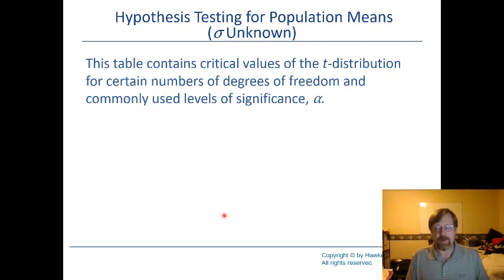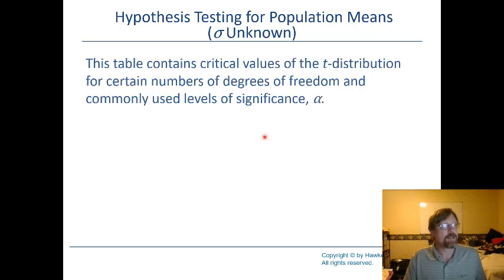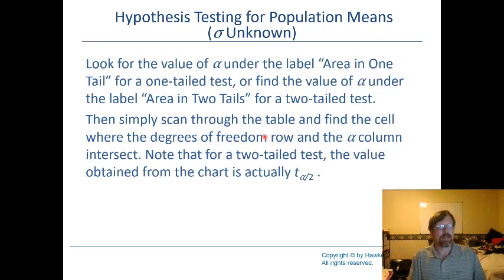That table does have pretty much just the common significance levels, so 10%, 5%, quarter of 2.5%, 1%, half a percent. As I mentioned, you look for the alpha you're after under the one-tailed or two-tailed, depending on which test you're using. Then find your degrees of freedom row and go till they intersect.